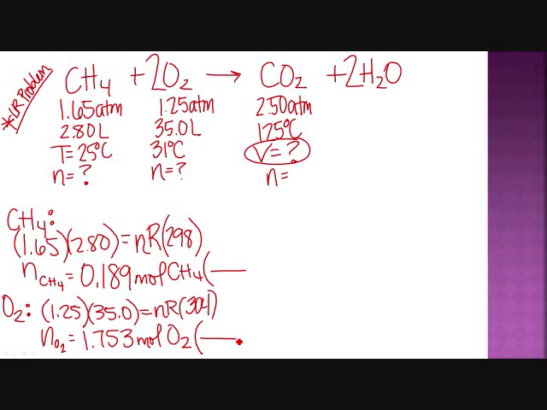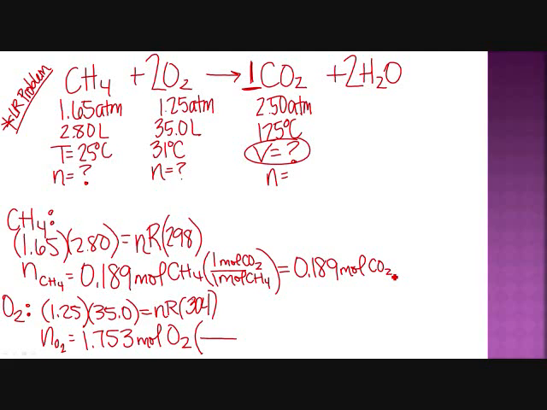How many moles of CO2 do we have? What's the coefficient in front of CO2? It's 1. So it's 1 mole of CO2 over what's in front of CH4, a 1. That means the CH4 data gives us 0.189 moles of CO2.